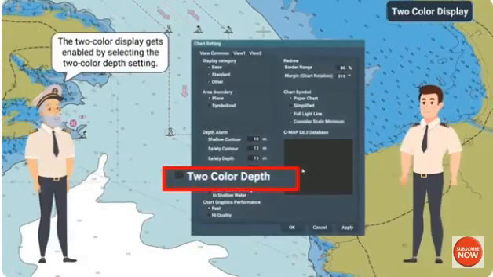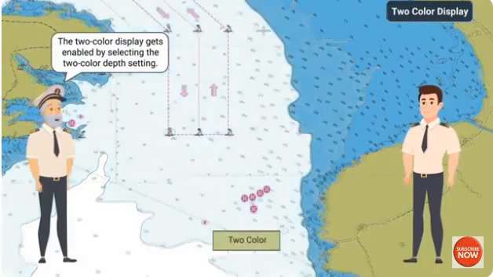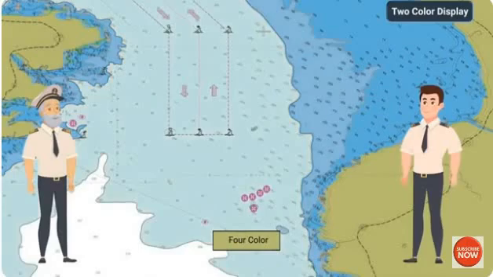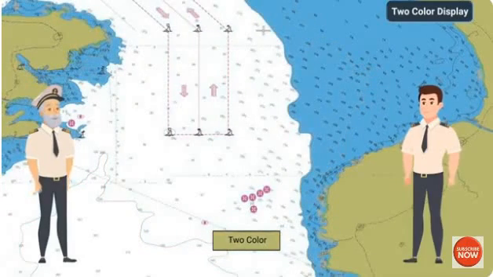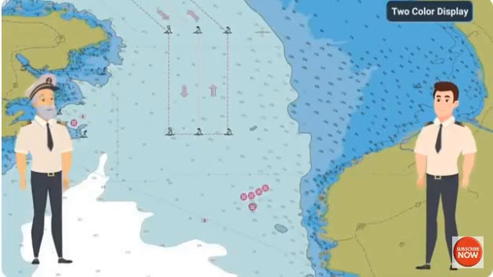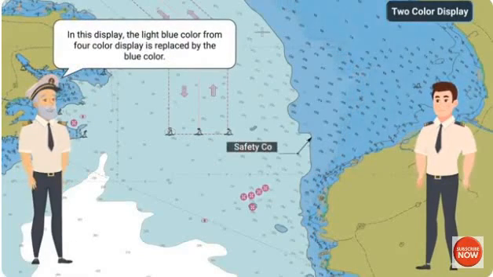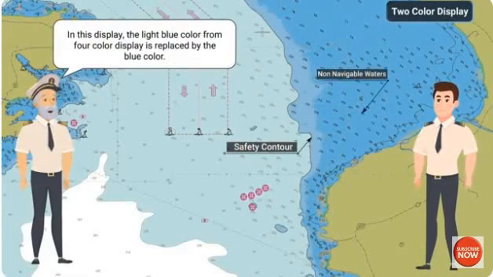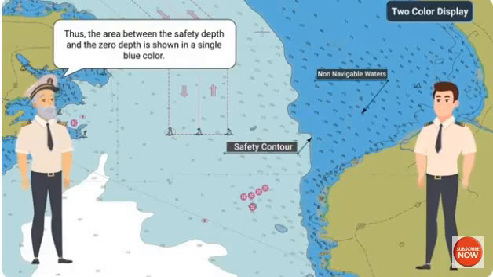The 2-color display gets enabled by selecting the 2-color depth setting. In this display, the light blue color from the 4-color display is replaced by the blue color. Thus, the area between the safety depth and the zero depth is shown in a single blue color.